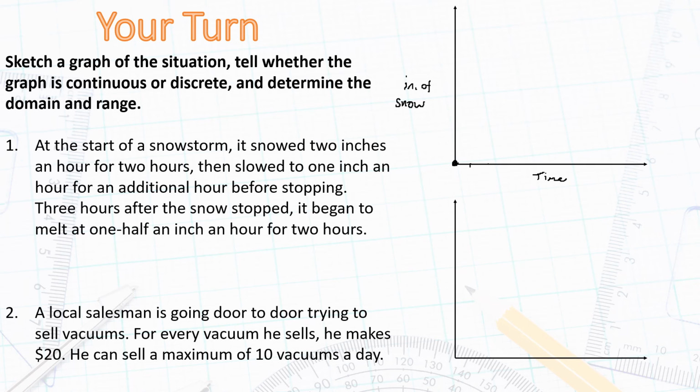So we've got 1 hour, 2 hours. For the first 2 hours, it snowed 2 inches an hour. So the first hour would have 2 inches, the second hour would have 4.